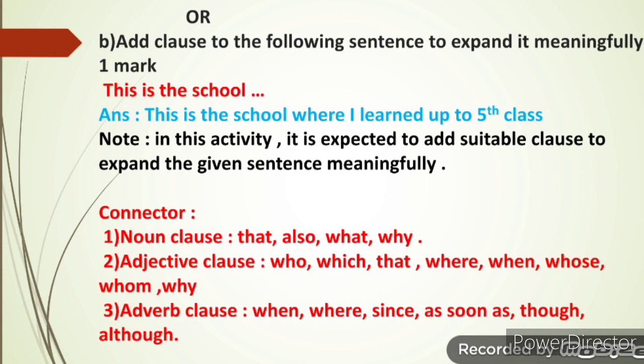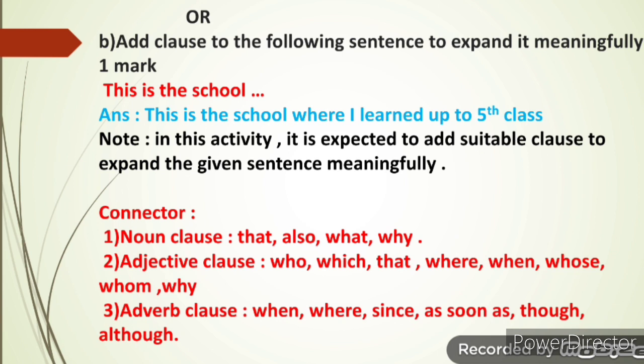Look at section B. Add a clause to the following sentence to expand it meaningfully. It is for 1 mark. In this activity, it is expected to add a suitable clause to expand the given sentence meaningfully. In your activity sheet, you will be given half a sentence and you have to expand it.